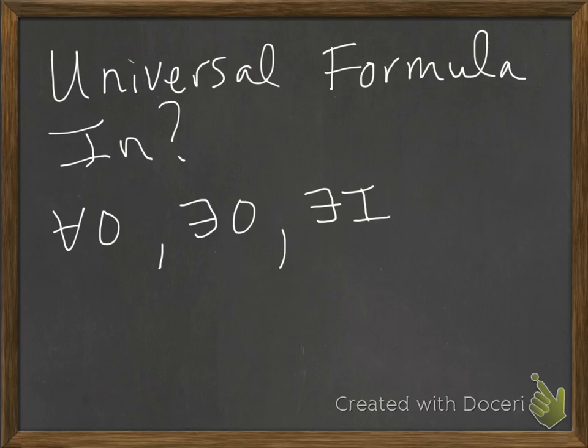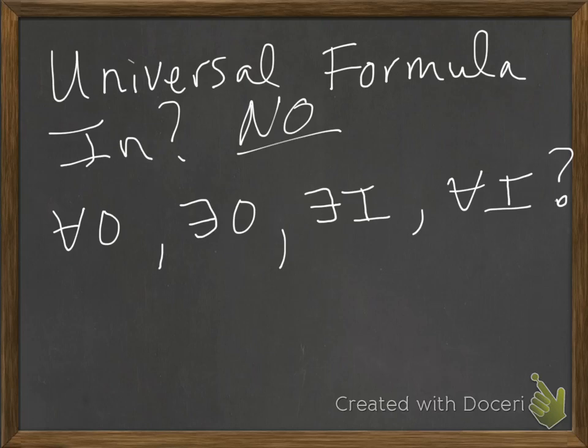So if we were following the usual pattern for our rule set, where we have an in and an out rule for each operator, then it seems like we should have a rule for all in. However, we're not going to have that, because like existential out, the rule of for all in would have a number of restrictions. It would have even more complicated restrictions than there exists out has. So we're just going to skip that.